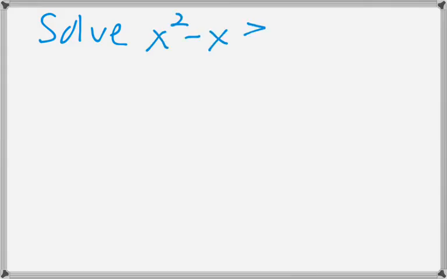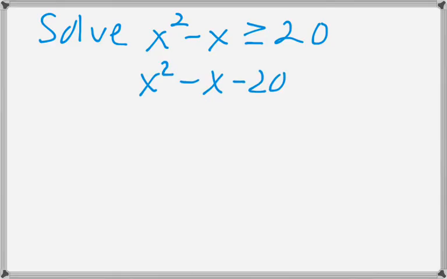For example, if we want to solve x squared minus x is greater than or equal to 20, we would want to make one side 0 first. So we could subtract 20 from both sides.